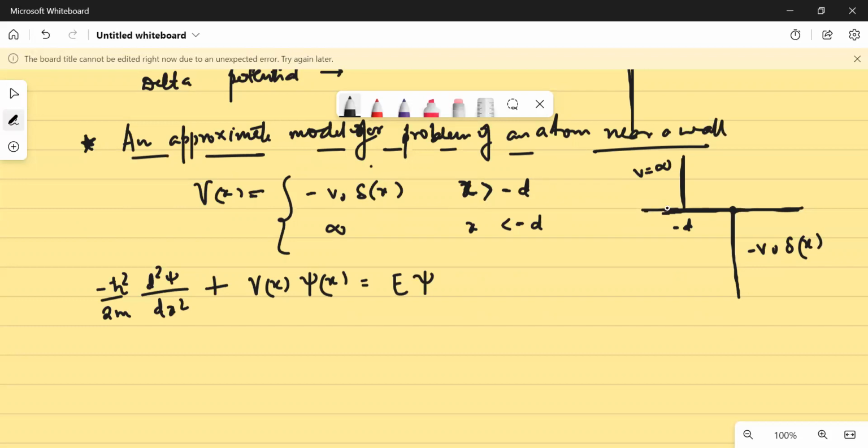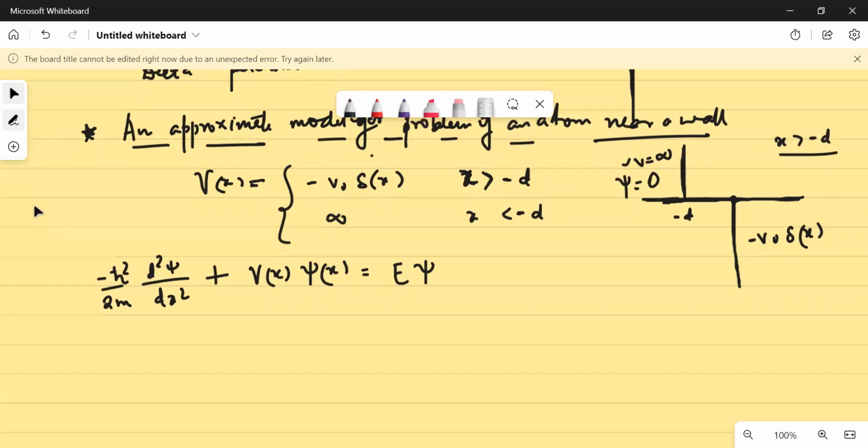Obviously, for all x less than minus d, the wave function would be equal to 0, because the potential is infinite there, so there is no probability of finding the particle on this side. I'm not concerned with x less than minus d; I'm concerned only with x greater than minus d right now.